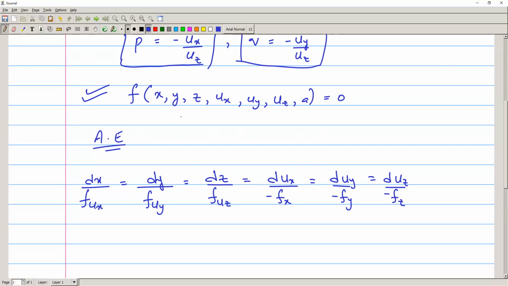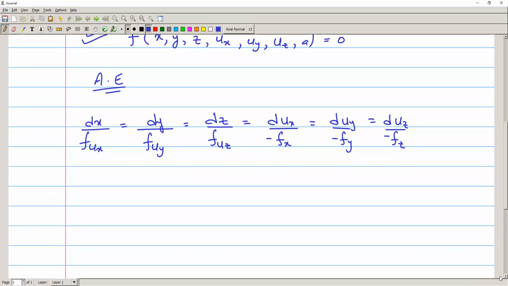So the first thing is that if a problem is given, we will transform it from p, q to ux, uy, uz, and then we will find these derivatives for their respective functions.